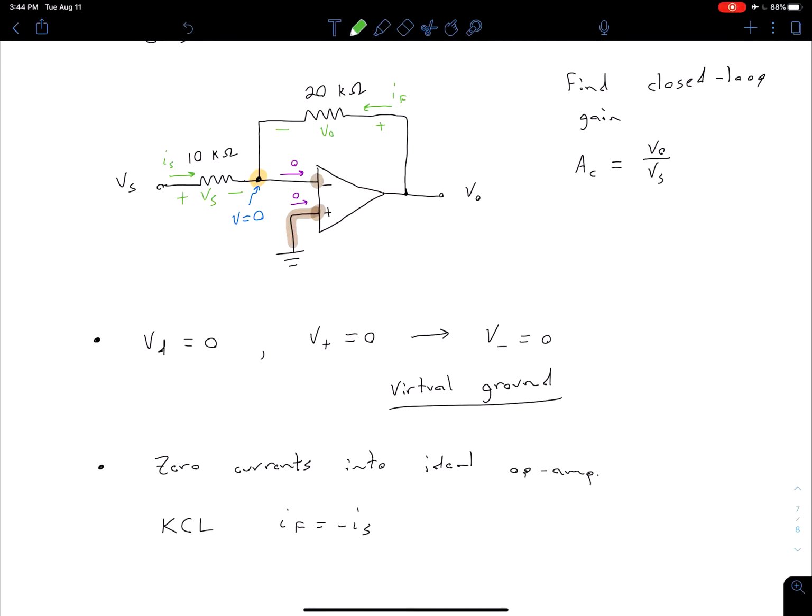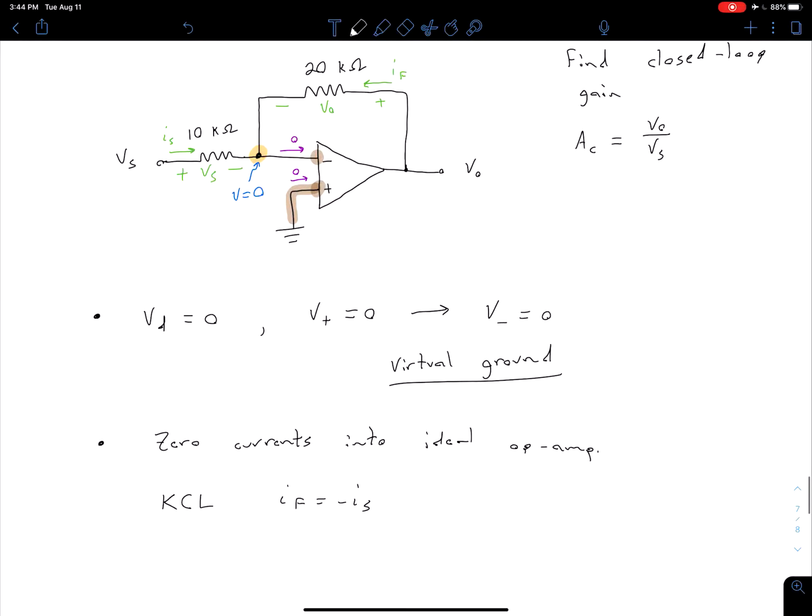So we have V naught across there. Okay, so if we want to write these IS and IF in terms of our voltages, we can say our IS is going to be equal to Vs over our 10 k ohms, and we also have that our IF is going to be V naught over 20 k ohms.